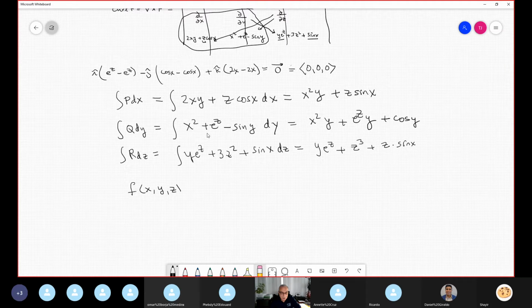Okay, in this case, depending on the three variables, let me see. I can see this expression here and here. I take it one time.